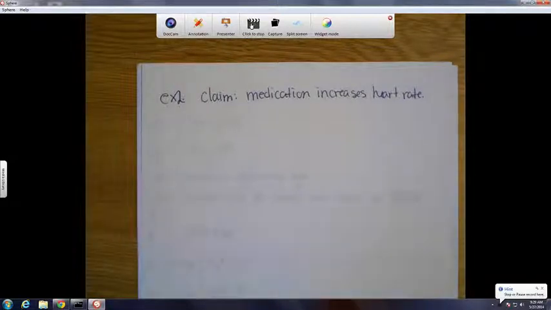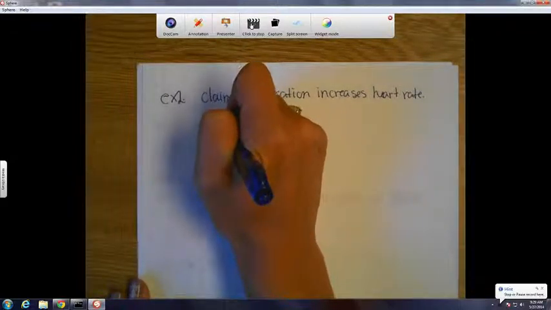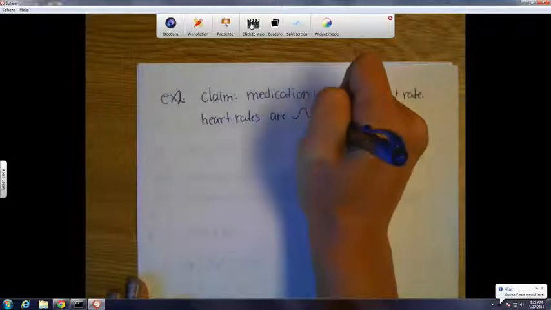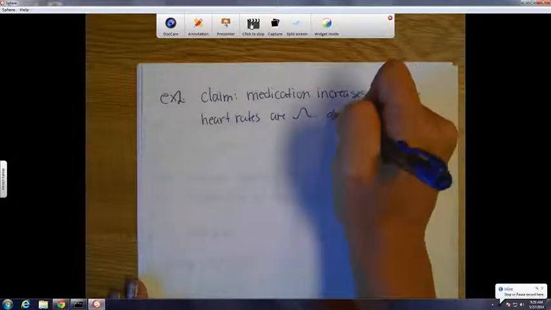Twelve test subjects are randomly selected and the heart rate is measured. The subjects are then injected with the medication. After 1 hour, the heart rate is measured again. The results are listed at the left. Assuming heart rates are normally distributed, is there enough evidence to support the physician's claim at alpha equals 5%?